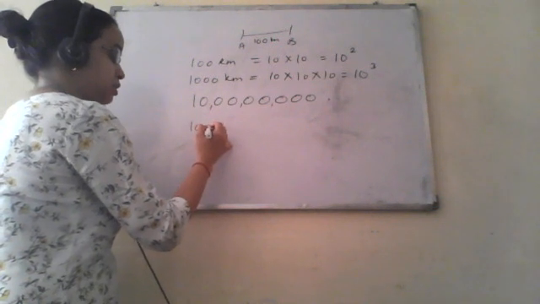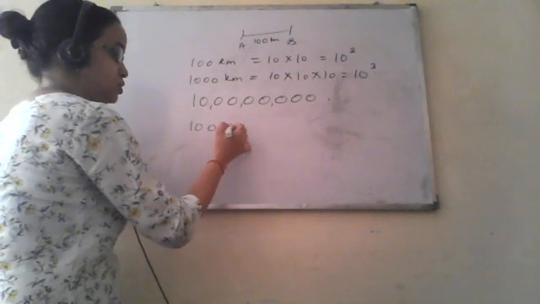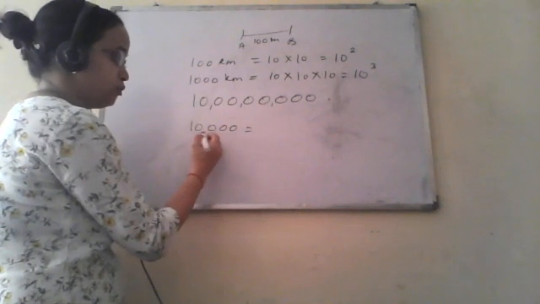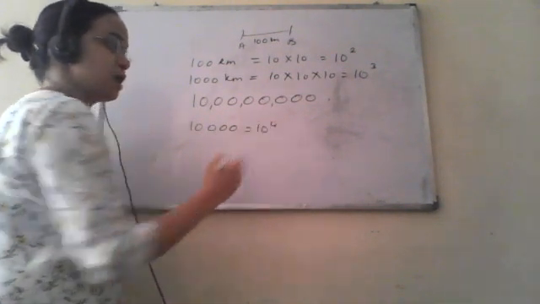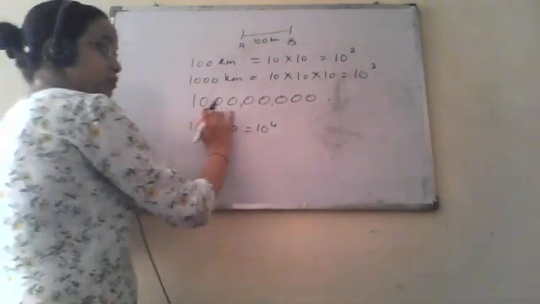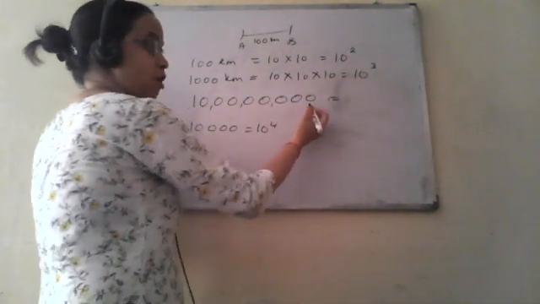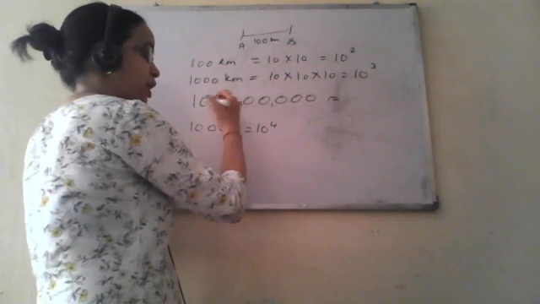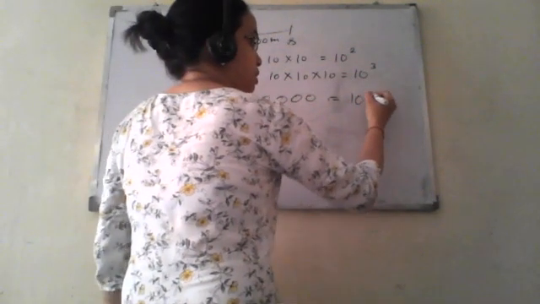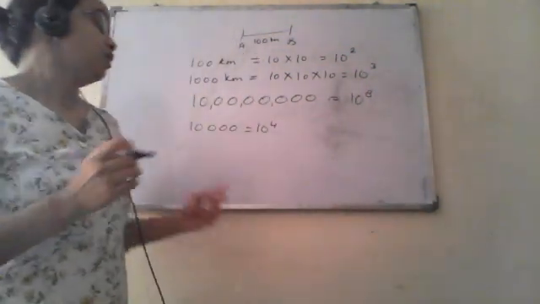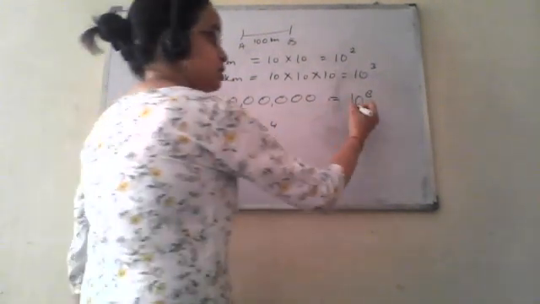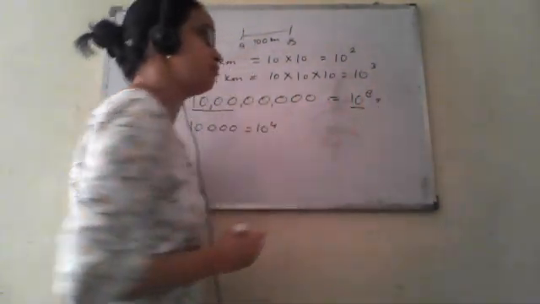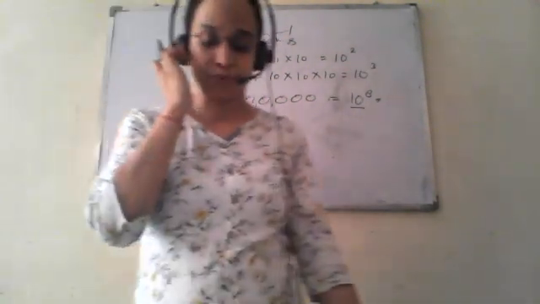Suppose it is 10,000, how many zeros are there? 1 2 3 4, so it can be written as 10 to the power 4. Now for this number, how many zeros are there? 1 2 3 4 5 6 7 8. It will be 10 to the power 8. Now tell me which is easier to write, this exponential form or this number? Obviously the exponential form is much easier to write.